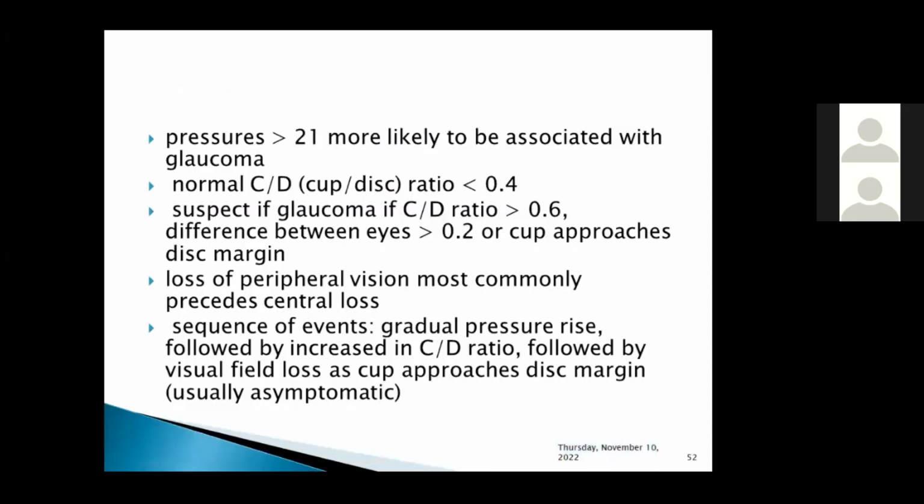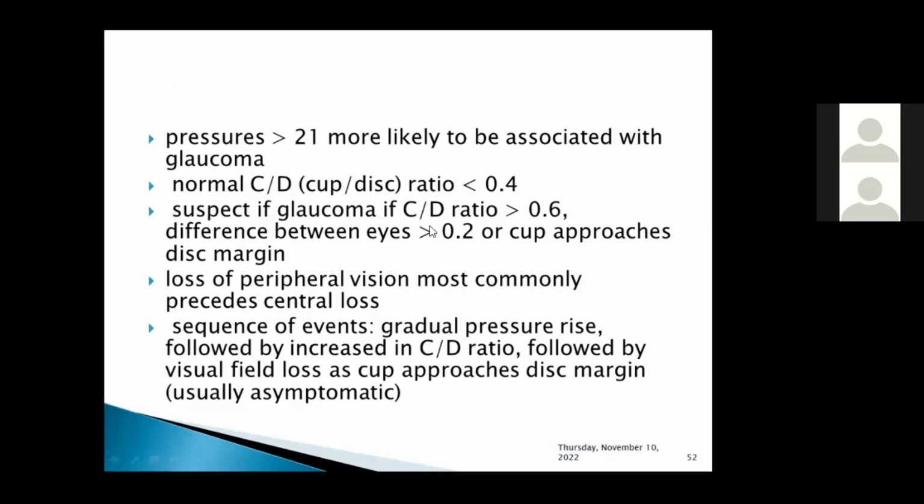So pressure is usually more than 21 to be associated with glaucoma. The normal cup to disc ratio of the optic disc is less than 0.4, but in a real practical scenario, this is not that much important. What is really important is if the discrepancy between the two eyes is more than 0.2 when it comes to optic disc neuropathy.